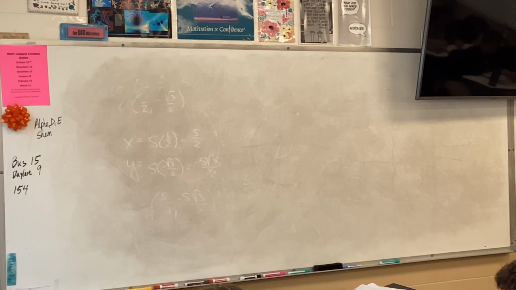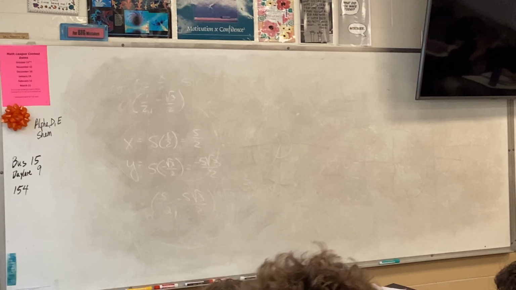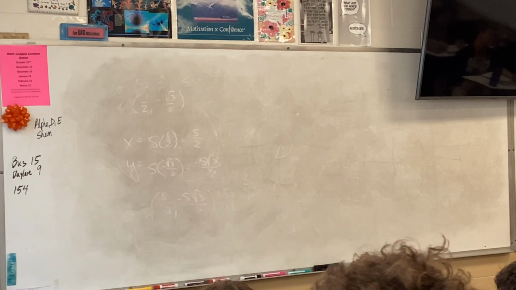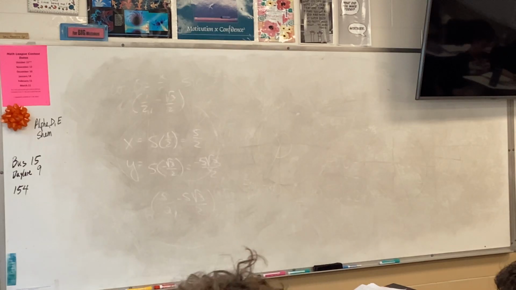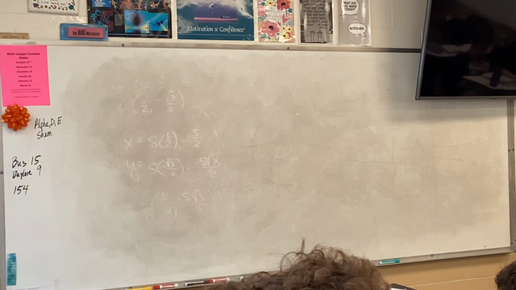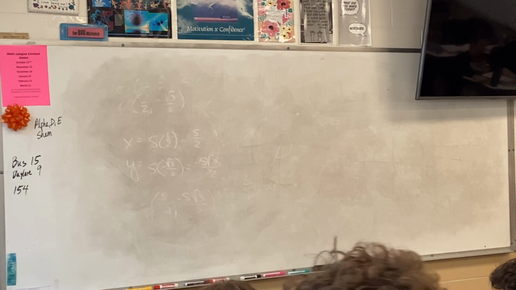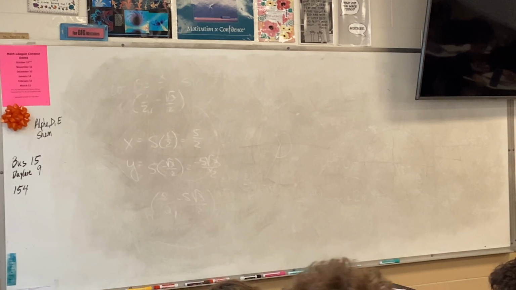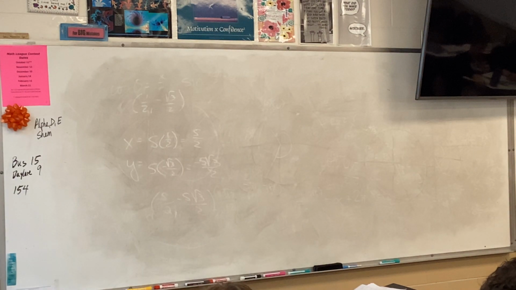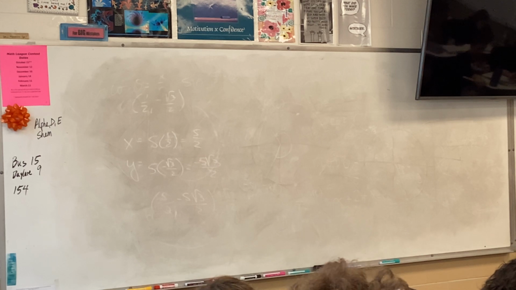B is the odd one out because it is -1, and A and C are both 0. Right? How about 5? C is the odd one out, it's -1/2. 6. A, it's 1. 7. B, 0. And 8, A is -1.